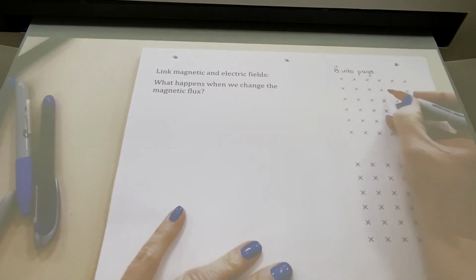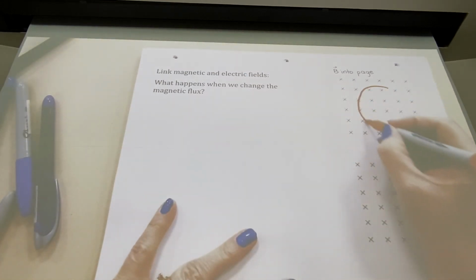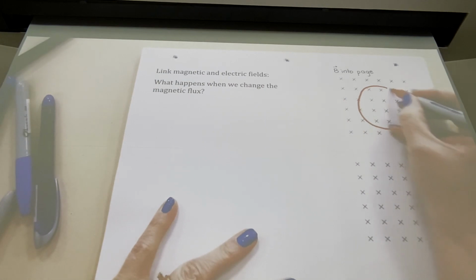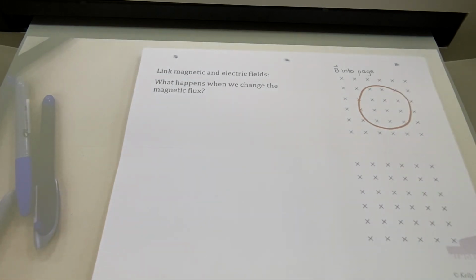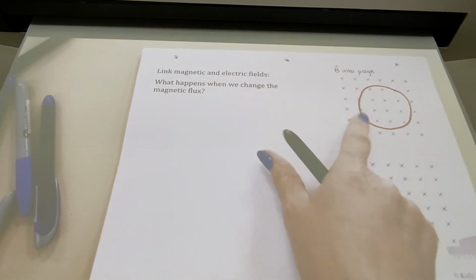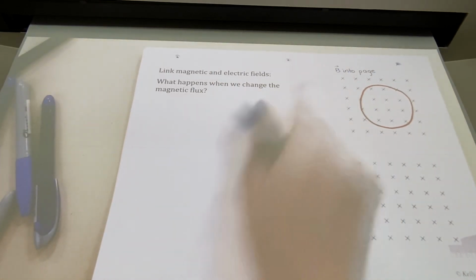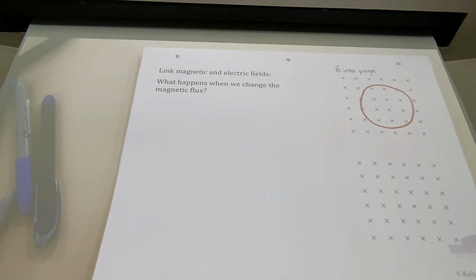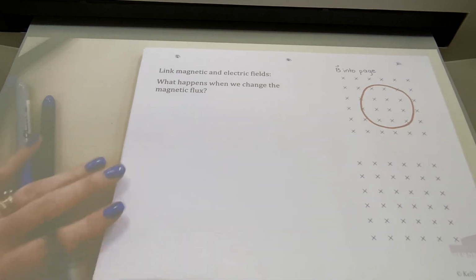Let's say we have a conducting loop. That's supposed to be a good circle. I don't think it's exactly circular, but hopefully you get the idea. So here's our loop. It's sitting in a magnetic field that points into the page. Let's ask what happens when we change the magnetic field or change the magnetic flux.